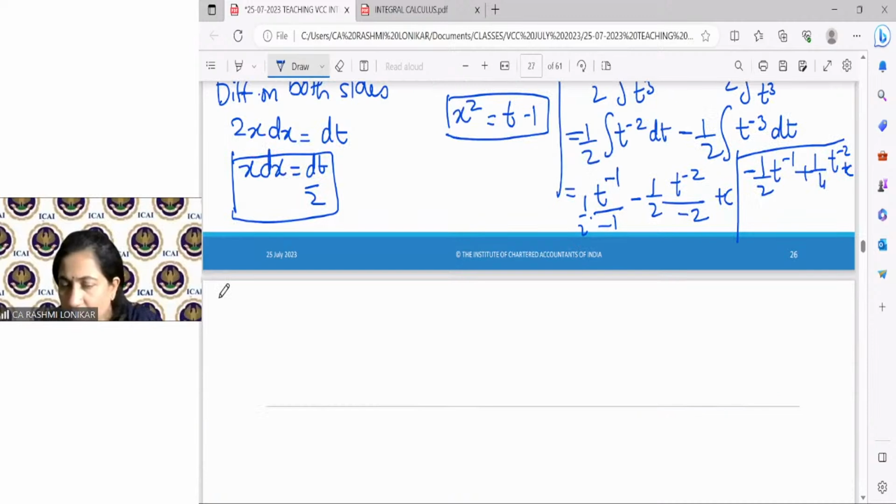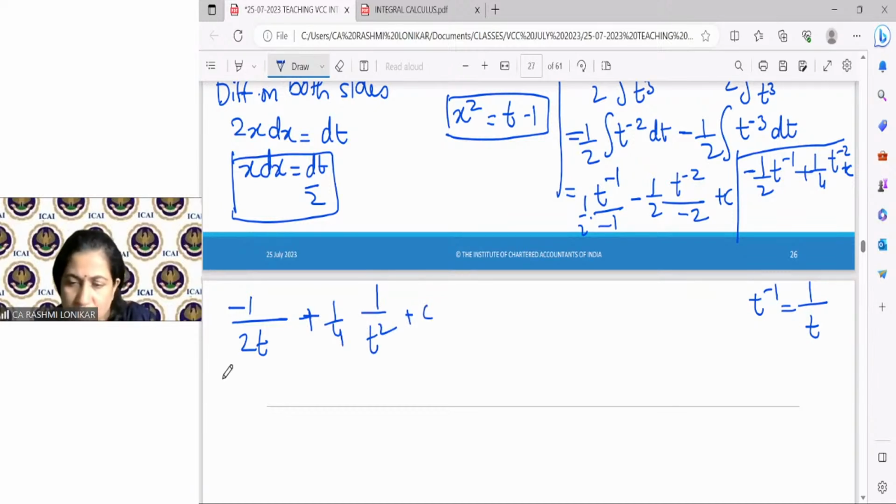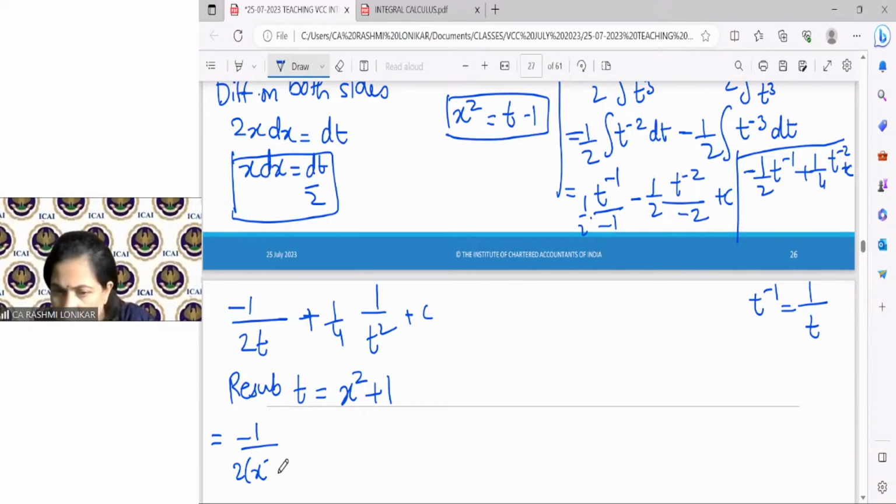So what do I get? I have minus 1 by 2t, because t raised to minus 1 is nothing but 1 upon t, plus 1 by 4, 1 upon t square, plus c. So resubstituting t as equal to x square plus 1, I will get minus 1 upon 2 into x square plus 1 plus 1 upon 4 into x square plus 1 whole square plus c.